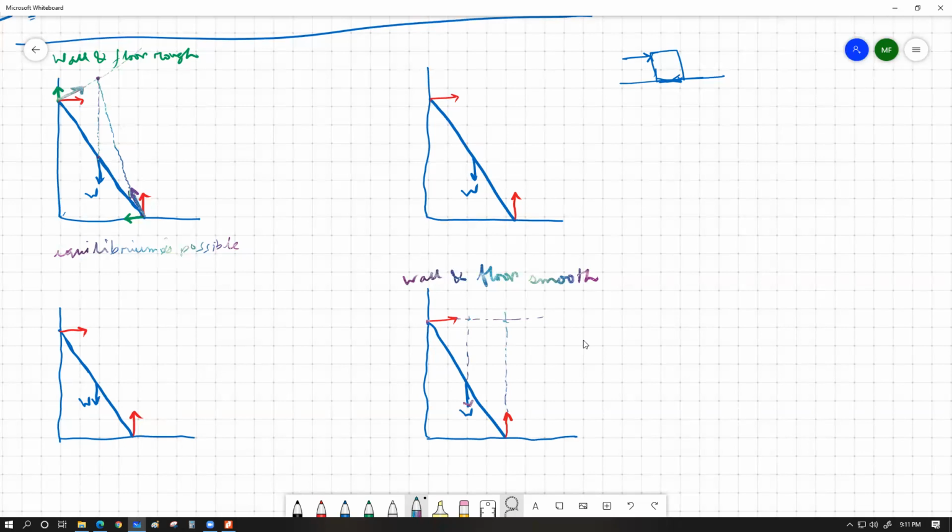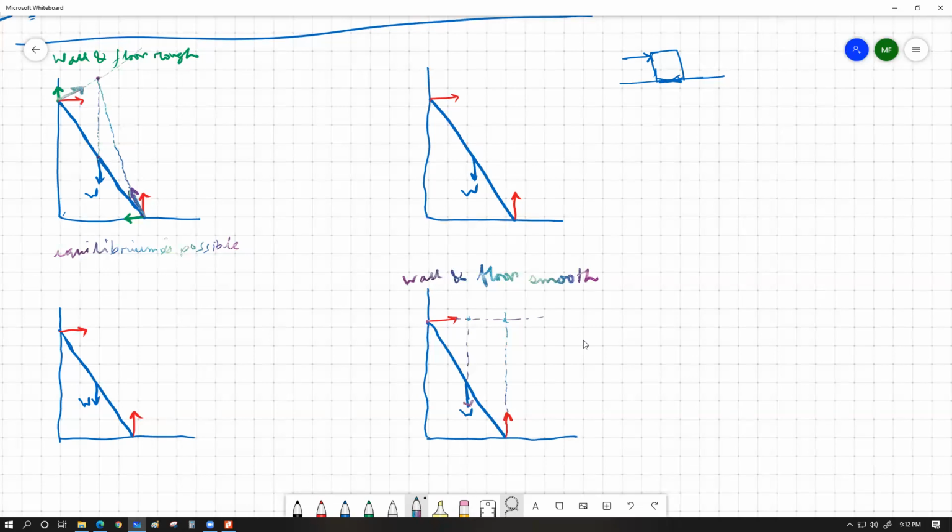This reaction force and this reaction force are working in this point, whereas this force is working over here. So, and these two forces will not have a common cross point whatsoever because they are simply parallel to each other. So it means that these three forces, whenever both the surfaces are smooth, we cannot have a common cross point, which means resultant moment cannot be zero.